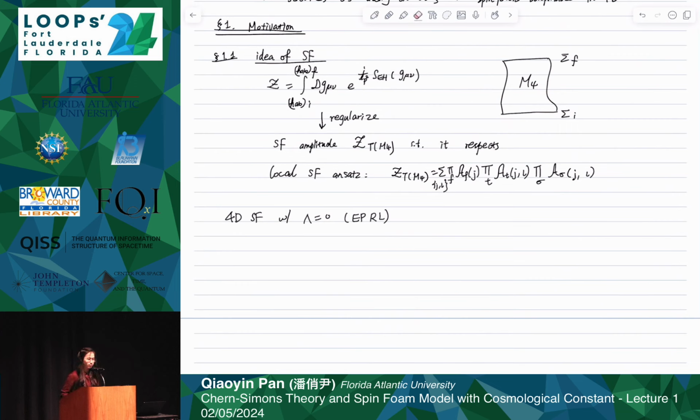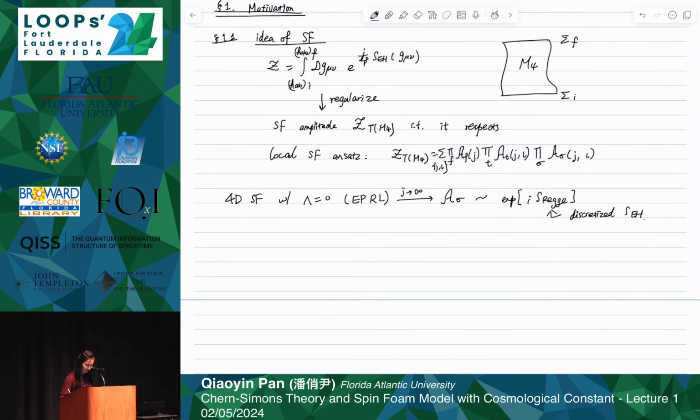One feature of the EPRL spin foam is that when the configurations j, which we call spin, go to very large, we find that the amplitude for the simplex reproduces the Regge action, which Bianca taught you in her lecture. She told you that the Regge action can be seen as a discretized Einstein-Hilbert action. It's this result that tells us EPRL is some kind of quantum gravity theory.